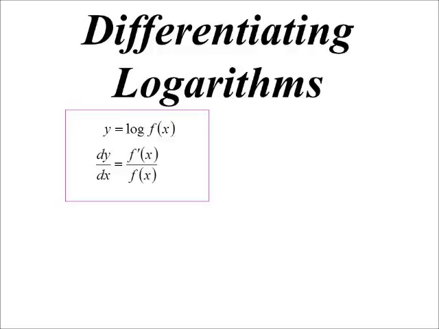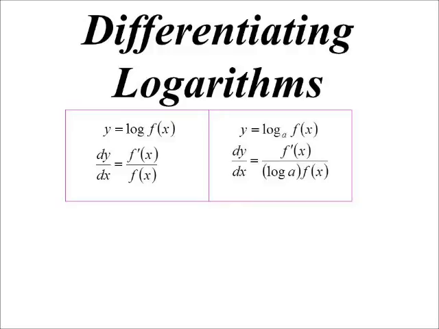If they don't, on the remote chance that they don't, so if it's some other base, we still do it the same way, the derivative over the function, but we also divide by the natural log of whatever the base is. And so that's why we don't see the log in the first one, because we're saying the natural log of the base, well, the base here is e, so log e base e is 1. And that's why it doesn't appear there. So it's a reasonably simple thing to differentiate.